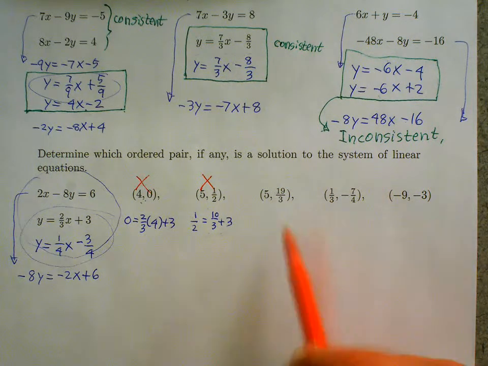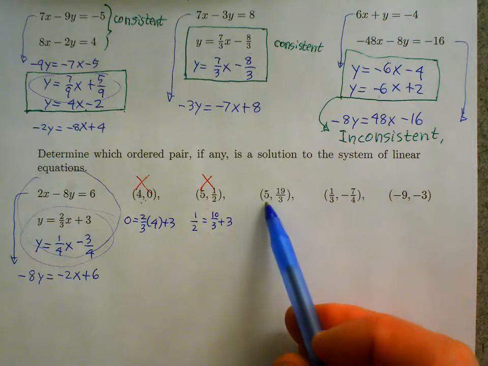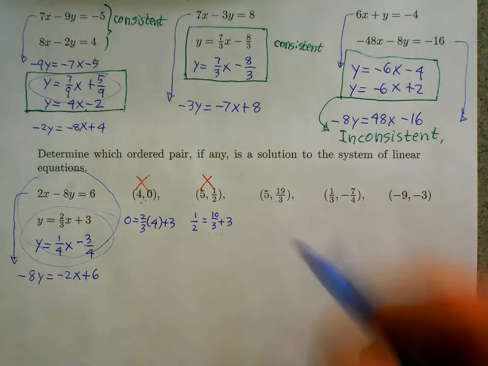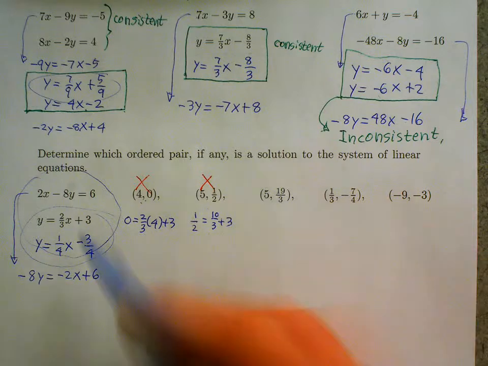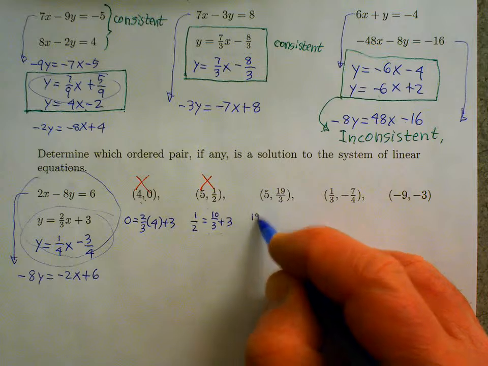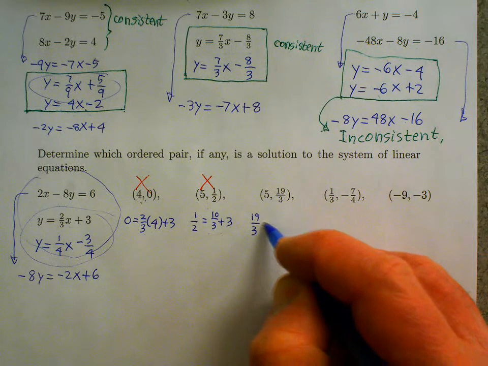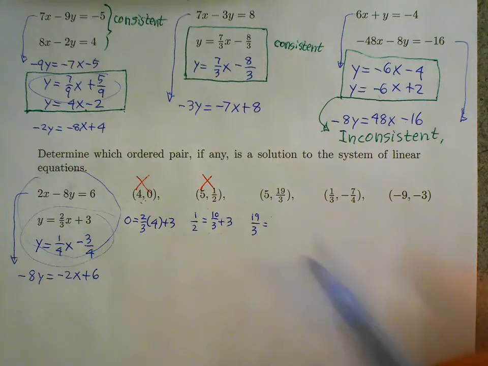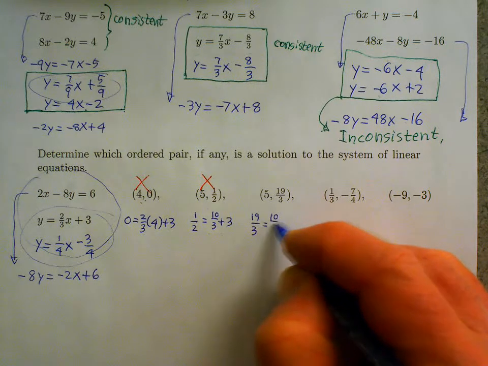Okay, the next ordered pair, if x is 5 and y is 19/3. So in the top equation, replace y with 19/3, replace x with 5. 2/3 times 5 is 10/3.